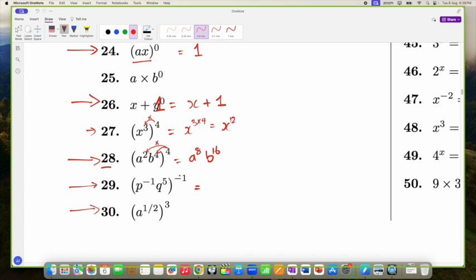So this is minus 1 multiplied by minus 1, which is p to the power of 1. And this is minus 1 multiplied by 5, which is q to the power of negative 5. Yeah. So the brackets thing is a multiply. And so we can see here, this is a to the power of a half multiplied by 3. But remember, this is 3 over 1, right?